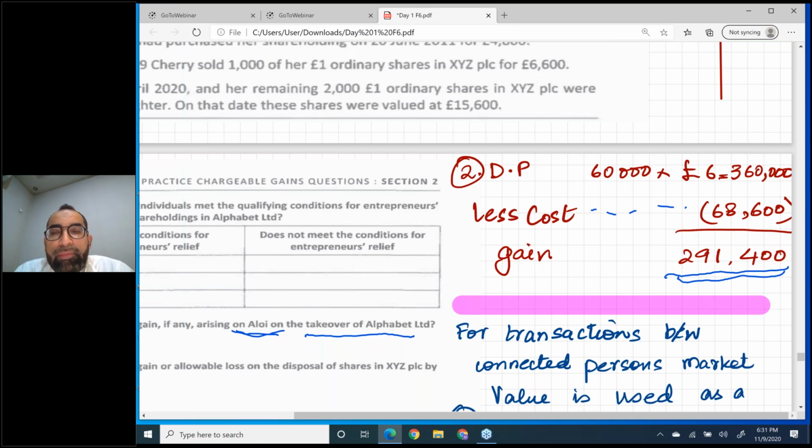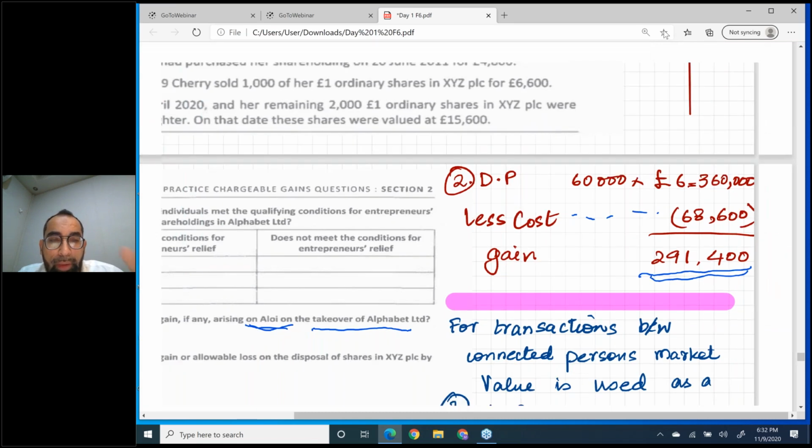So for Alloy at the date of takeover, this disposal of 60,000 shares will generate a gain of 291,400. So this is the answer of requirement number 2.